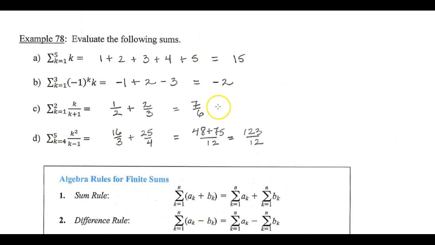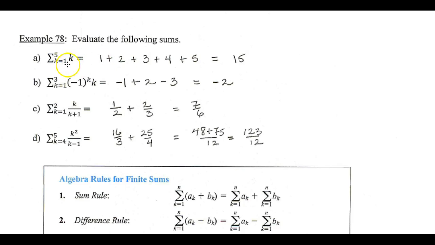But anyways, let's make sure we understand sigma notation here in example 78. Let's say I have the sum of k as k goes from 1 to 5. Here's my formula, this k. This k equals 1 was my lower index, 5 is my upper index. So we want to step from 1 to 5 by 1. First, I plug in k equals 1 into k, I get 1.